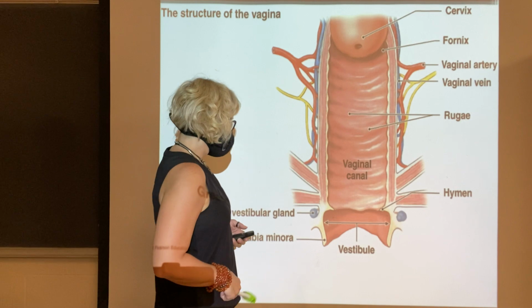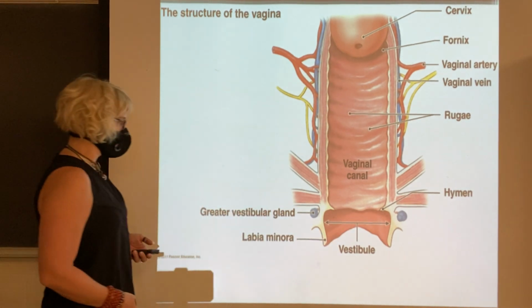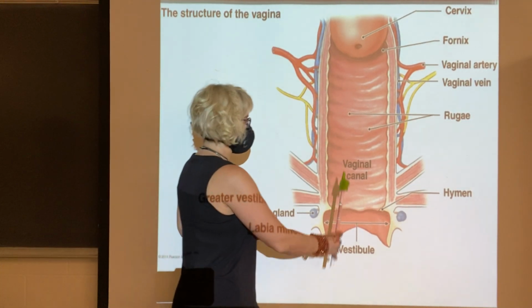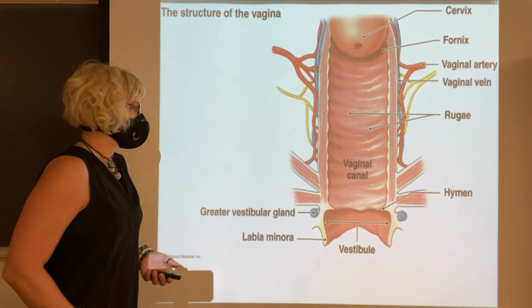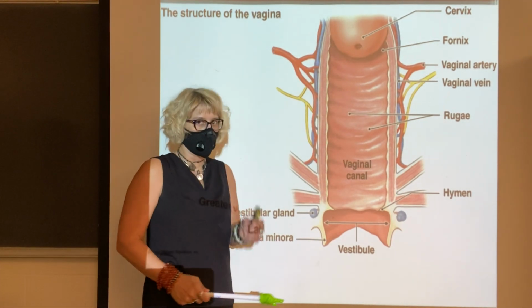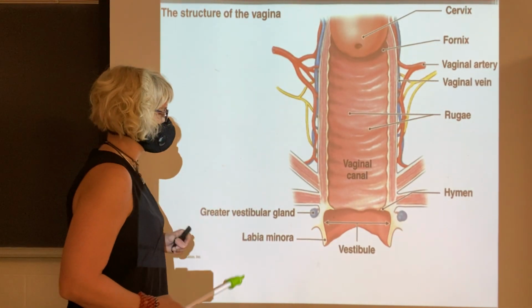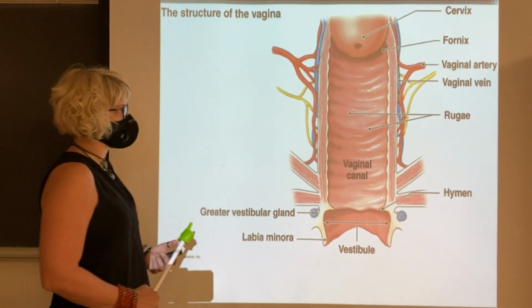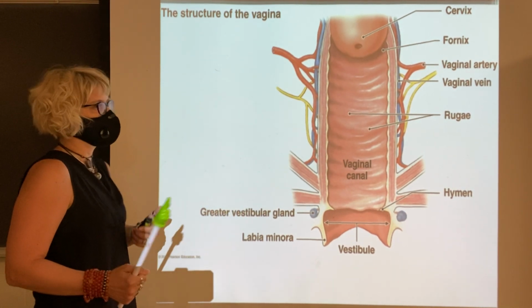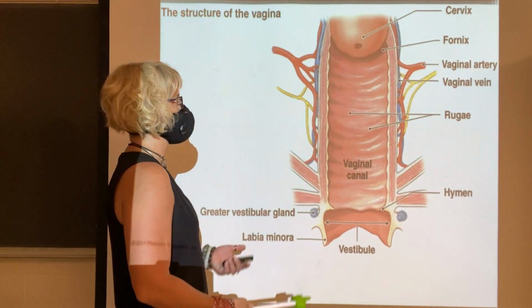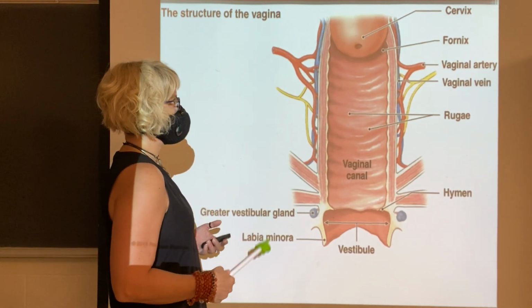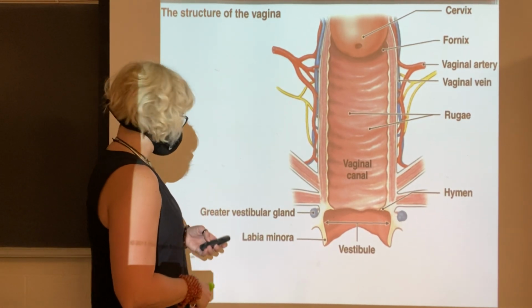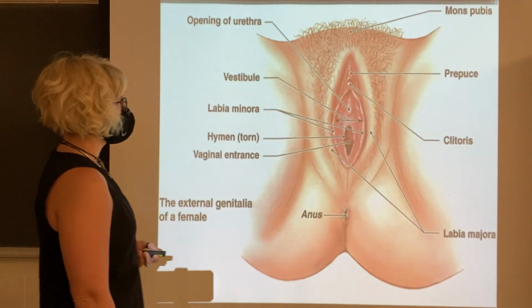Exactly. Yeah. So this is the opening. It's called the vestibule. So it's the direct opening from the outer world. As you know, the labia minora are the smaller lips, and then the outer lips are what's visible externally, just like in the male, you can visibly see the scrotum housing the testes. All right, so let's keep going.